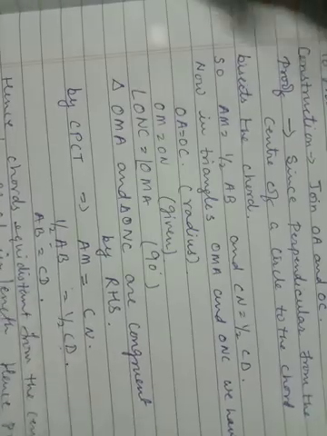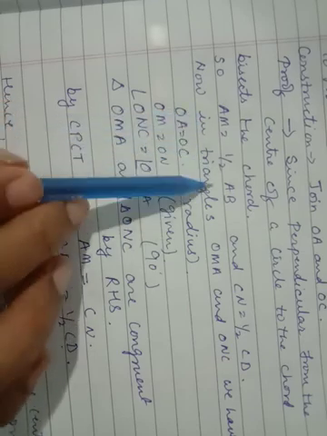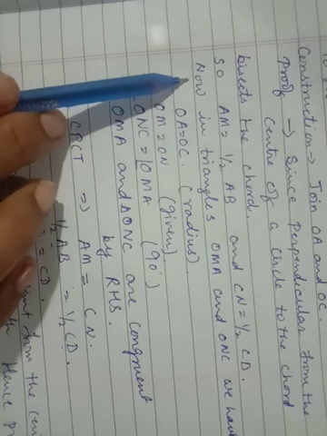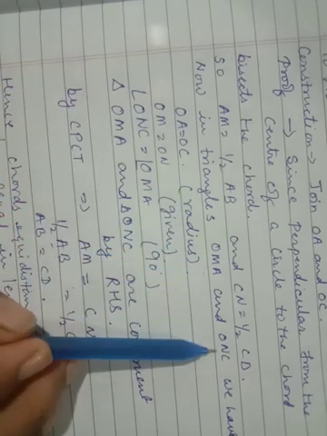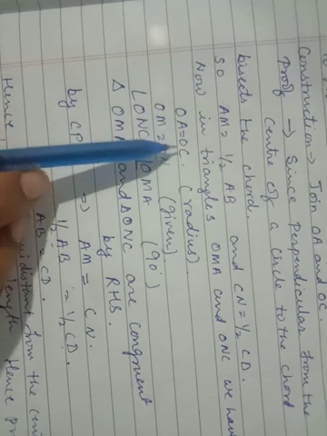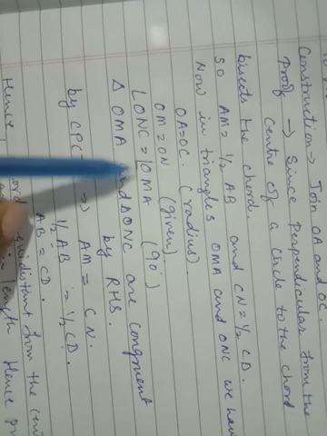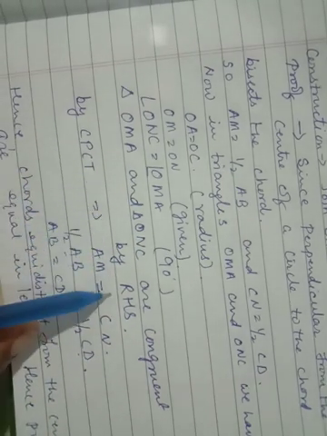So is it clear? We started with AM is equal to half of AB, CN is equal to half of CD. Now we'll take these two triangles OMA and ONC. It is given that OA is equal to OC, radius, OM and ON are given, and these two angles are 90 degrees. So our triangles are congruent by RHS.